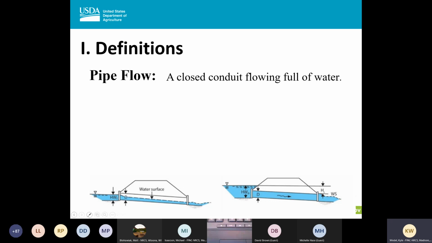Correct. Yes, it will back up into there a little bit, but it reduces the flow because it's reducing the velocity, and as your velocity gets reduced, so does your flow. So it's kind of the same thing. It does in result back up into the upstream of that.